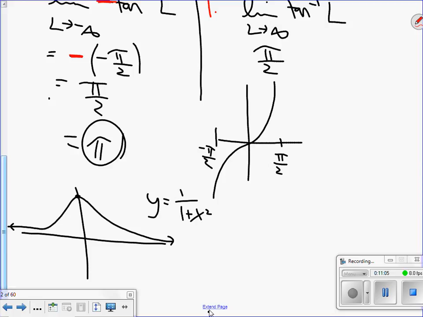But what we just found is that if you collect the area underneath this curve all the way from negative infinity to positive infinity, you get pi. That's crazy.